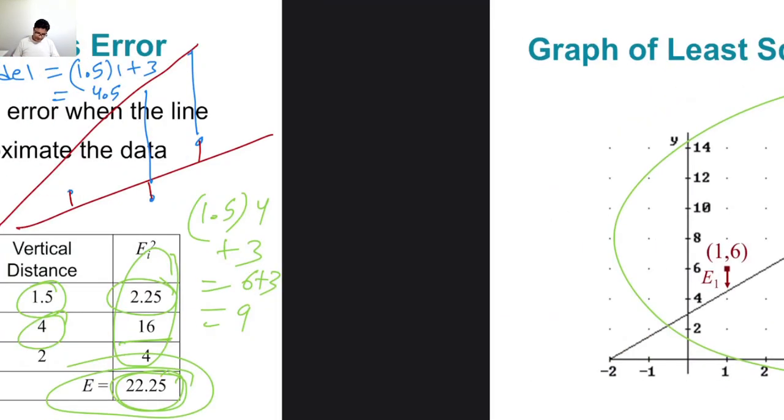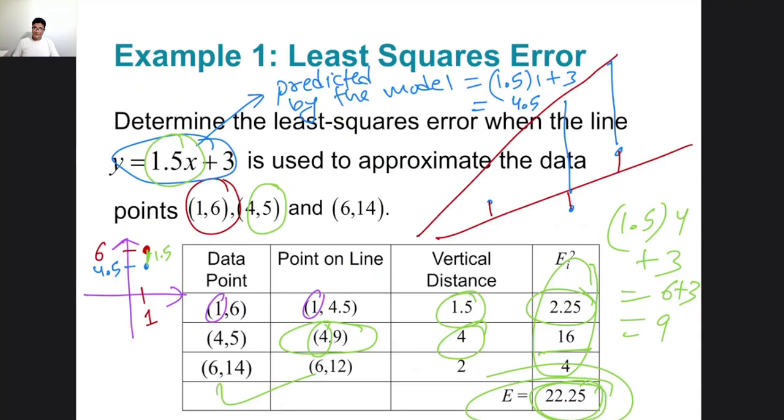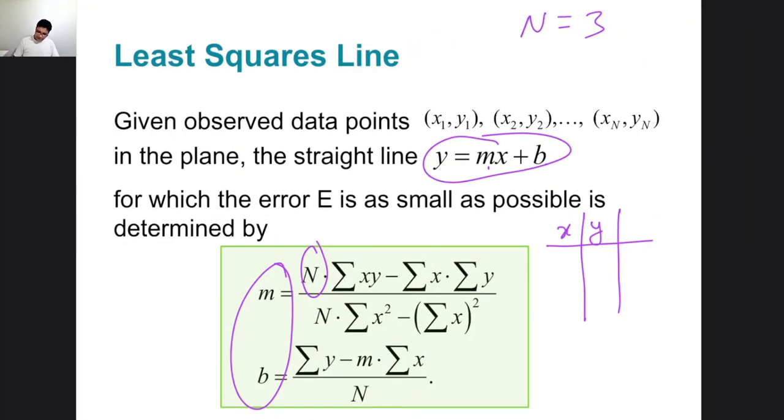Don't confuse it with that line 1.5x plus 3. We don't know the equation of the least square line. We only have the data points 1, 6, 4, 5, and 6, 14. So x and y are those things.